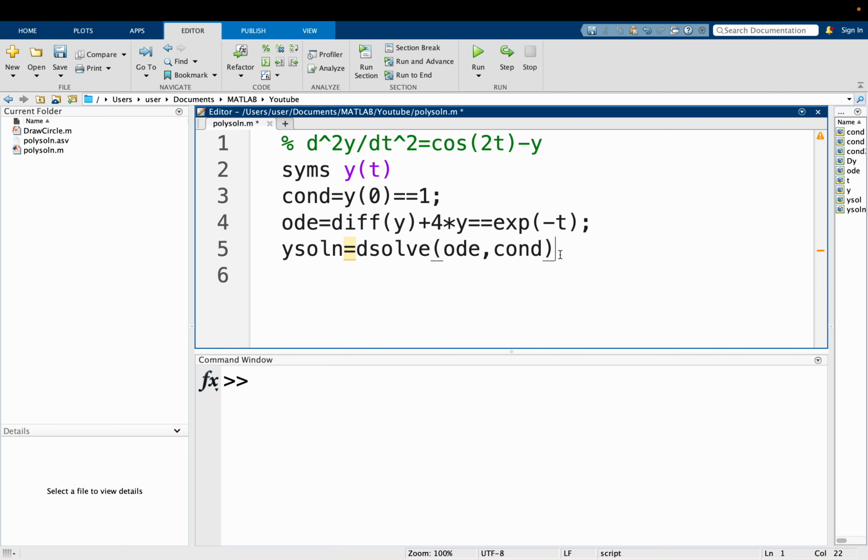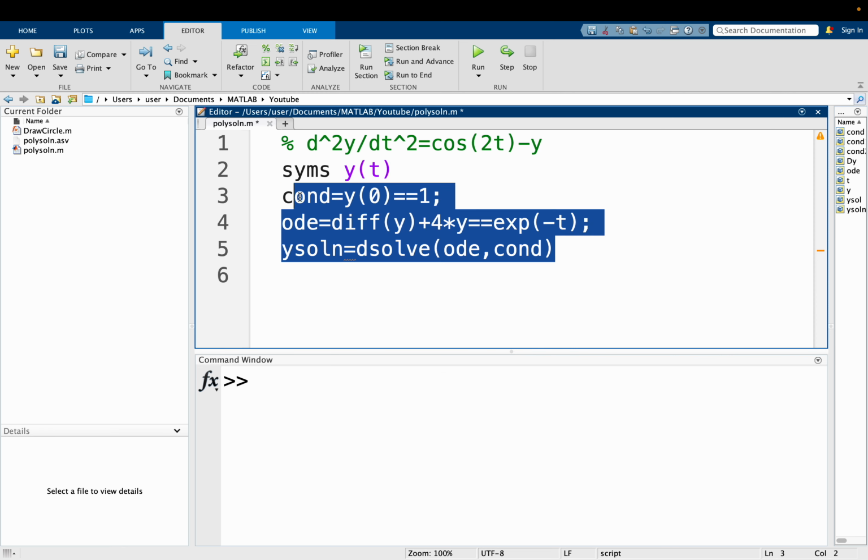So I also define my symbolic variable y of t, and now let me define my first derivative dy as diff of y, t, and 2, since it is second derivative, or I can leave it. So this one is the first derivative dy.